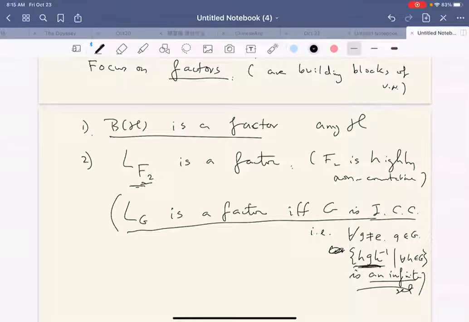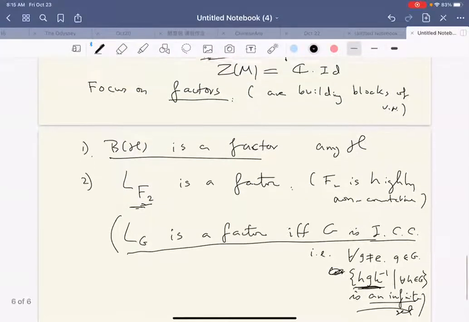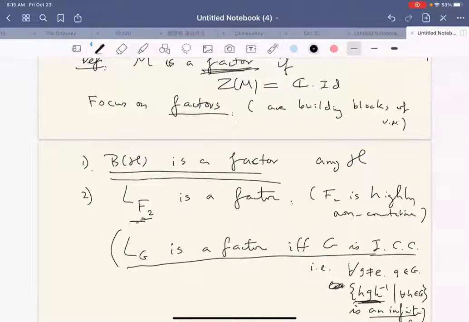Anyway, it looks like this suggests that if H is finite dimensional, then B of H is not a factor. B of H is not a factor if H has finite dimension? But I have written here B of H is a factor. So you're saying this is not correct? No, I mean here H has infinite dimension. If H has finite dimension, is B of H a factor or not?